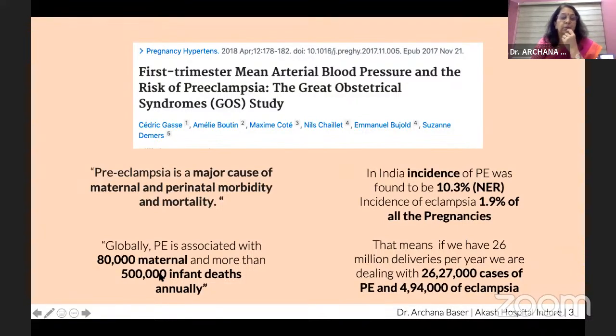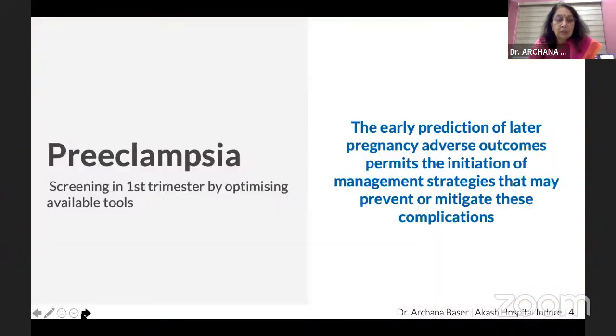Globally, preeclampsia is associated with 80,000 maternal and more than 5 lakh infant deaths annually. That means if we have 26 million deliveries per year, we are dealing with 27,000 cases of preeclampsia and 4,94,000 of eclampsia every year.